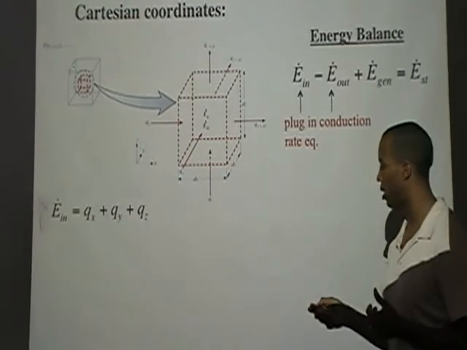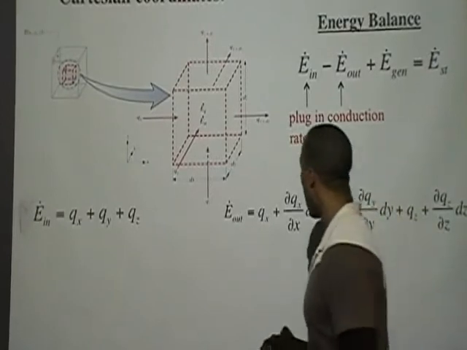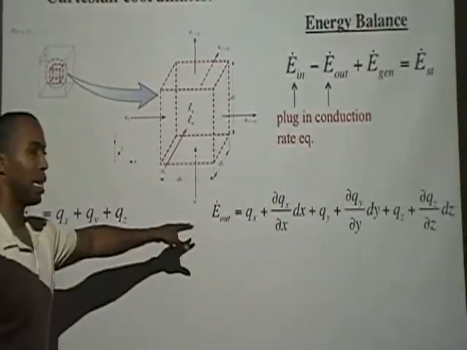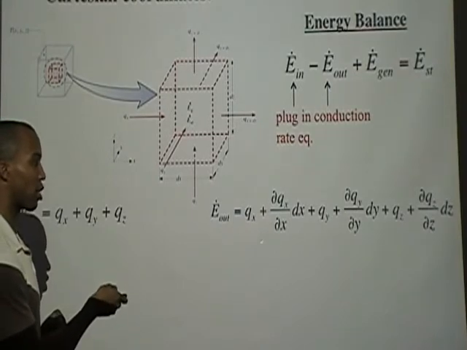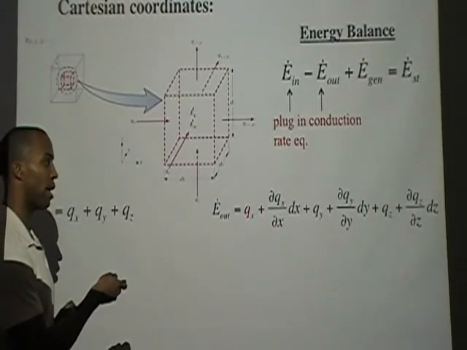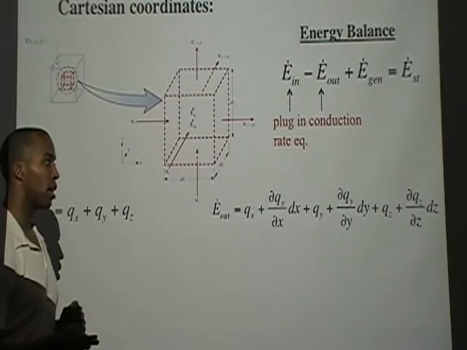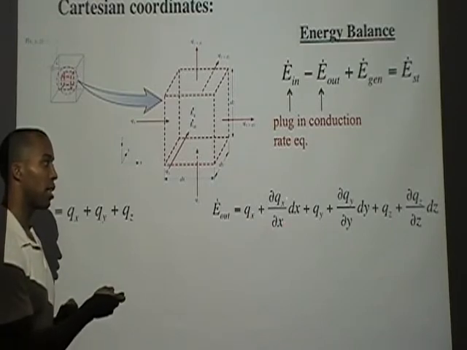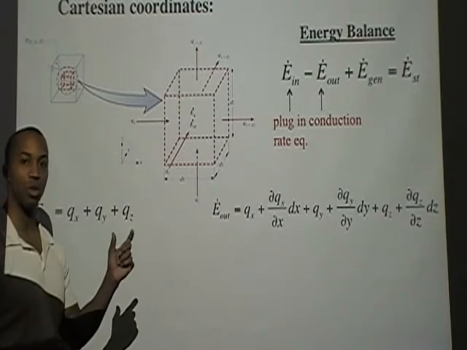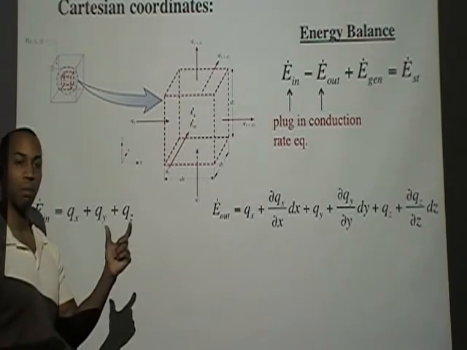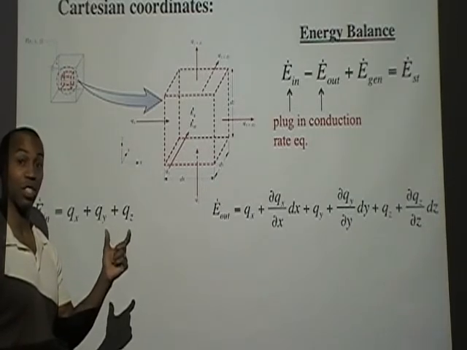Those are heat rates. And the energy out is equal to, here in the x direction, our heat rate Q sub x, plus the amount of change in that Q sub x over the differential distance in the x direction, dx.